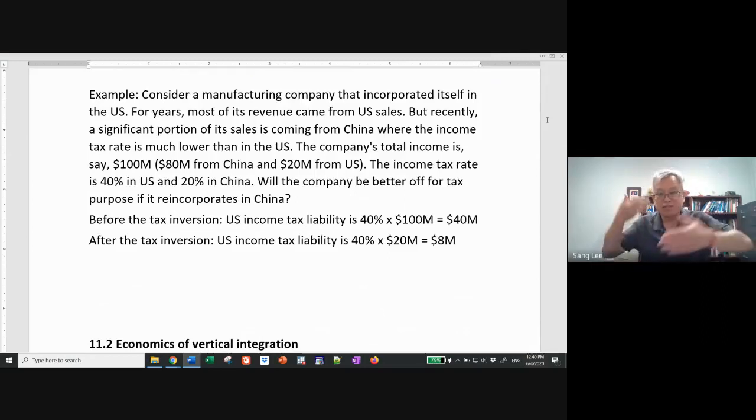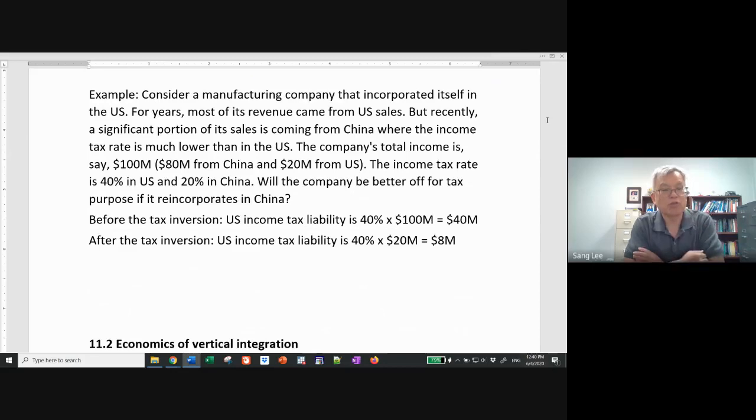But as market conditions change, it is now making different amounts of income from the US and from other parts of the world. Recently, a significant portion of its sales is coming from China, where the income tax rate is much lower than in the US. So the company's total income is, say, $100 million.